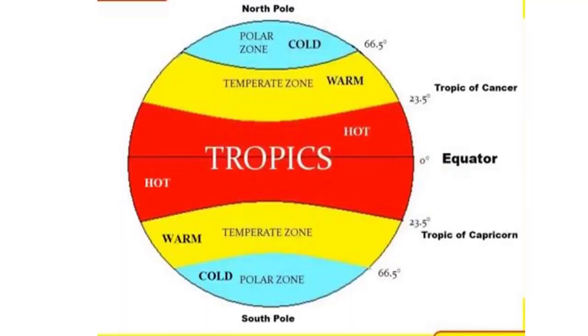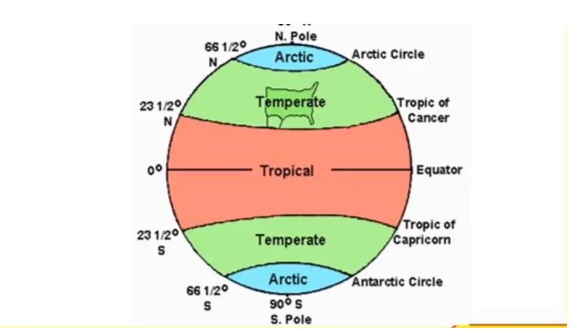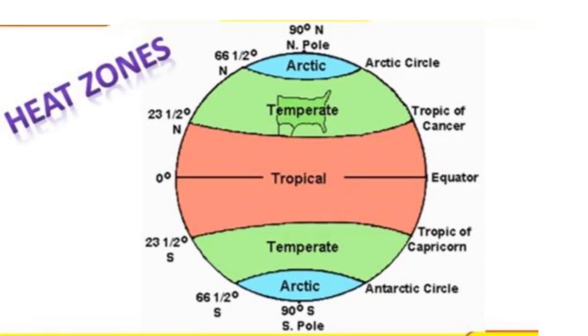These 3 different colors that separate the special latitudes in this diagram show the 3 different temperature zones of the earth. The different temperature zones are also called heat zones. The heat of each of these zones depends on how far it is from the equator.